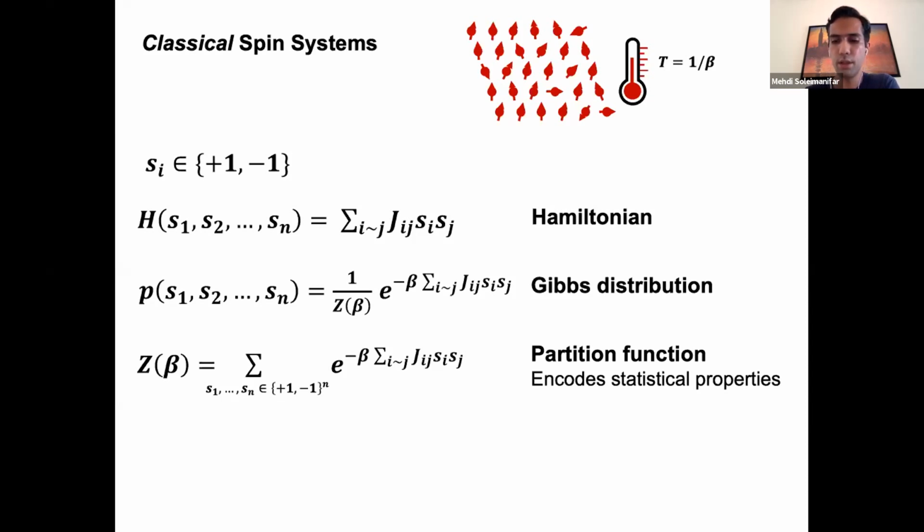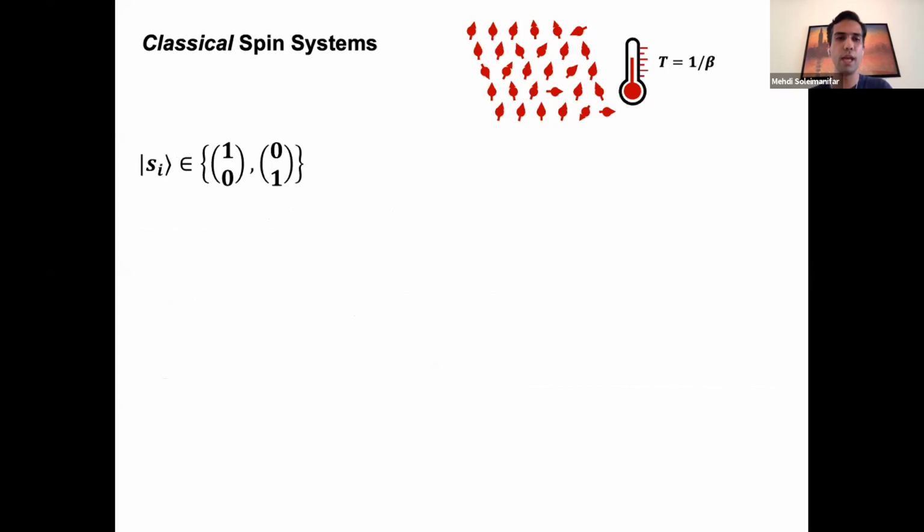So I'm going to introduce some notation and express everything that I had in this slide in a slightly different language, in terms of matrices and linear algebra. That's because it's much easier to extend that to quantum spin systems later. So now instead of assigning plus or minus 1 variables to vertices, I'm going to assign vectors. So it's either a (1, 0) vector or a (0, 1) vector.